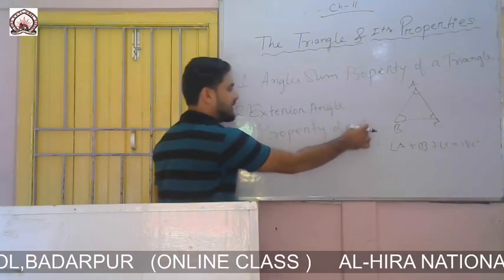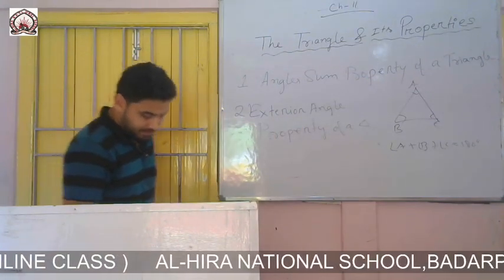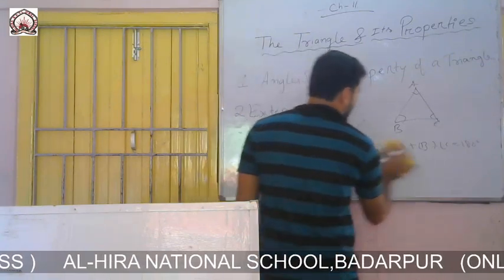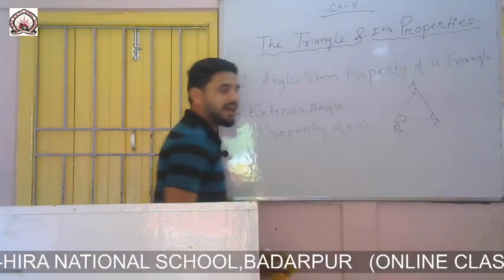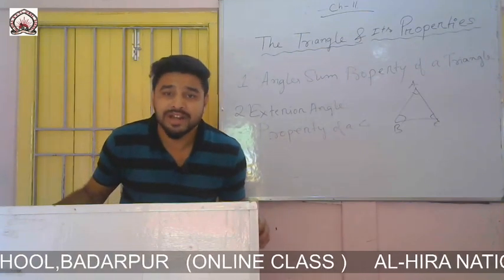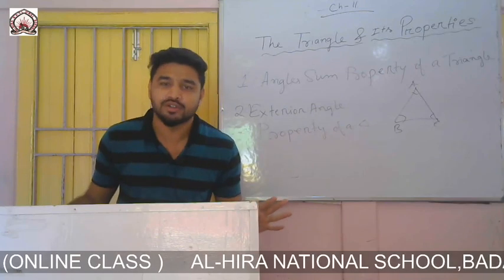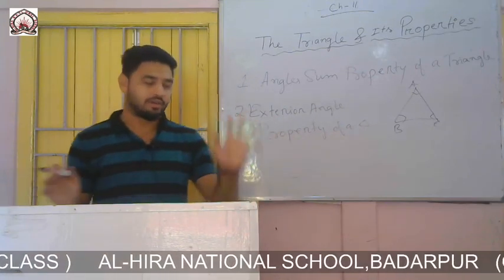Just I have written the symbol in place of writing triangle. So this property said that the sum of the two interior opposite angles of a triangle is equals to its exterior angle.